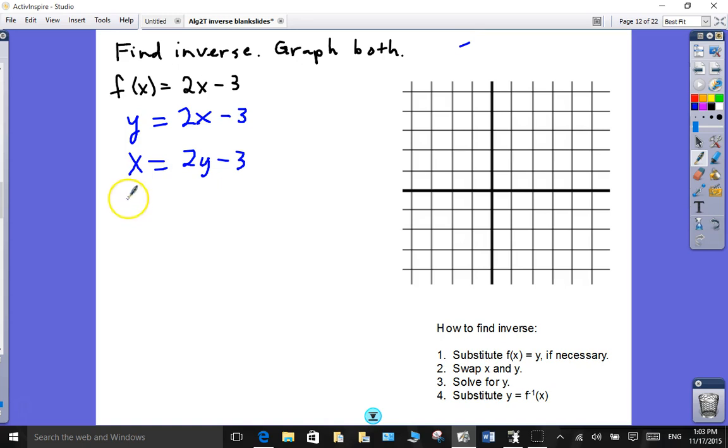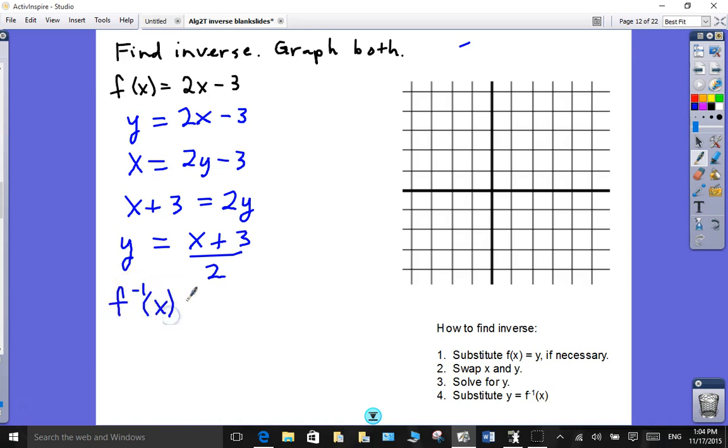Add 3. Divide by 2. Which is f to the minus 1 x.